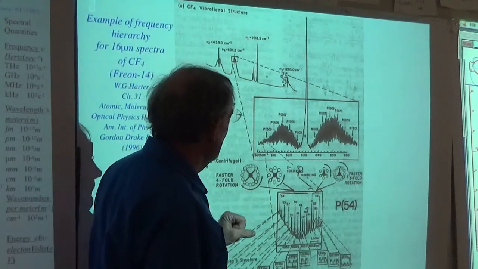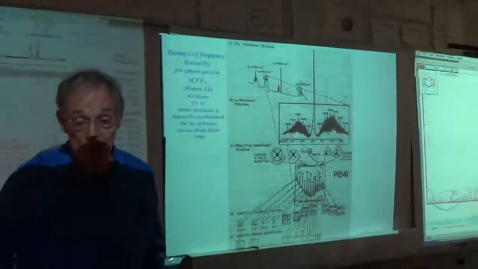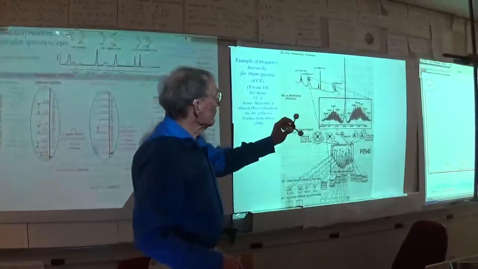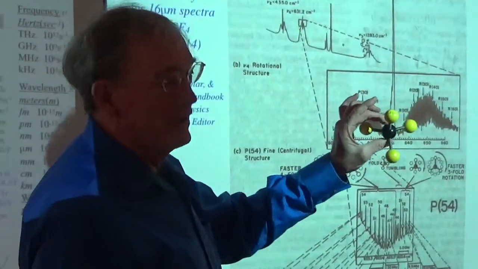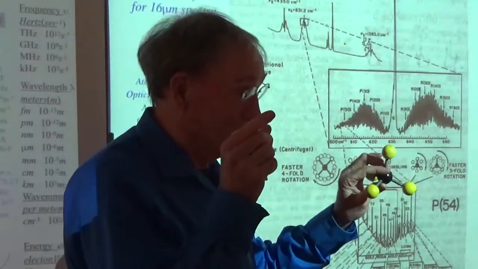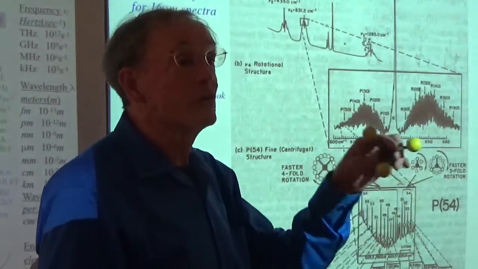But in any case, this is a molecule that mimics the methane molecule. It's called tetrafluoromethane. Okay, so this is the molecule that's doing all of this. It's Freon 14, a very bad molecule for our ozone layer, right? It was used for refrigerant.